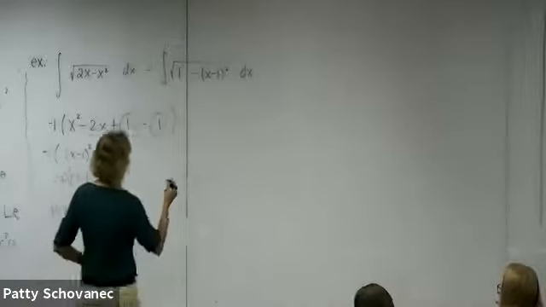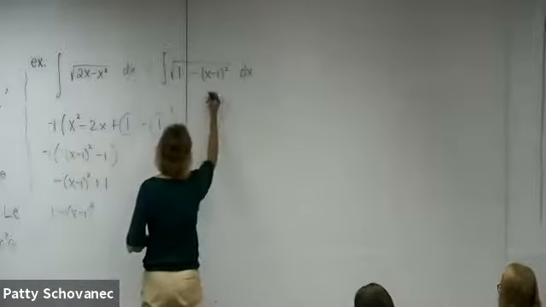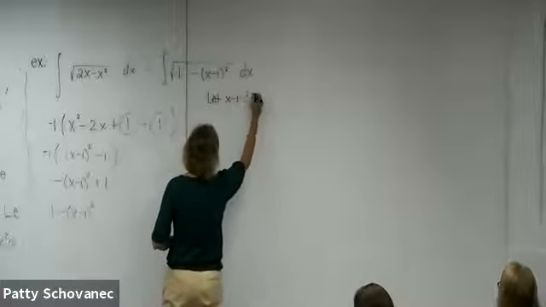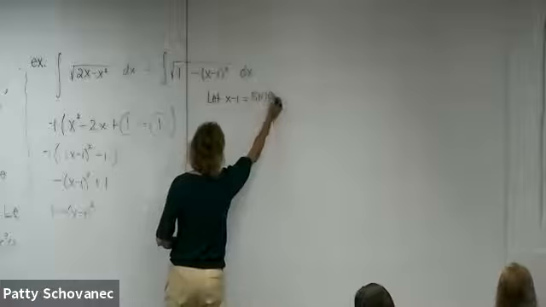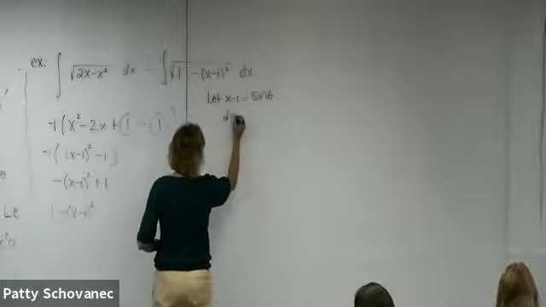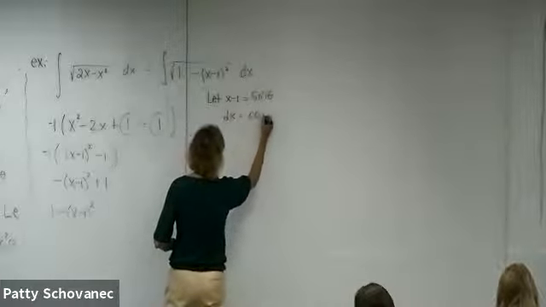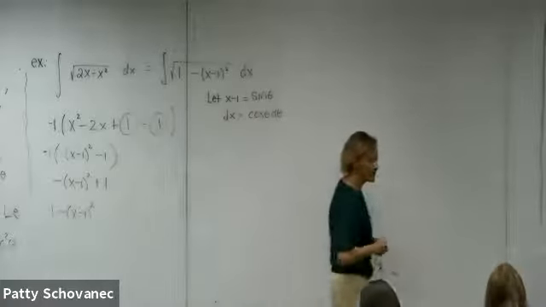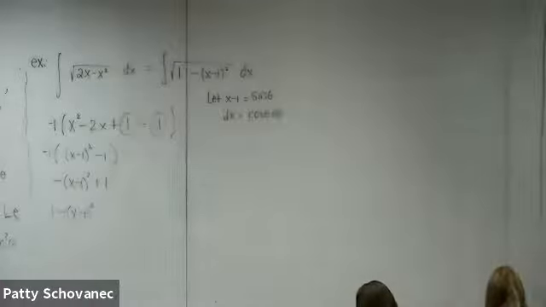So our next step is to let x minus 1 be the sine of theta. The derivative on the left gives me dx, the derivative on the right gives us cosine theta d theta. So keep going, see what kind of integral you get in terms of trig.